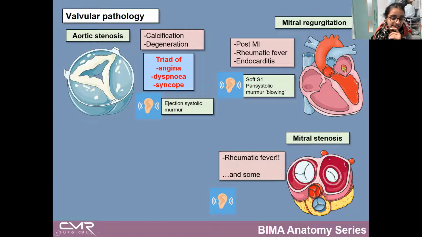So you're going to get a loud, hard S1. When systole happens, it creates this hard S1 sound. And a mid-diastolic murmur, again, we can conclude that by going over how blood flows. When diastole occurs is when blood is flowing through the mitral valve.